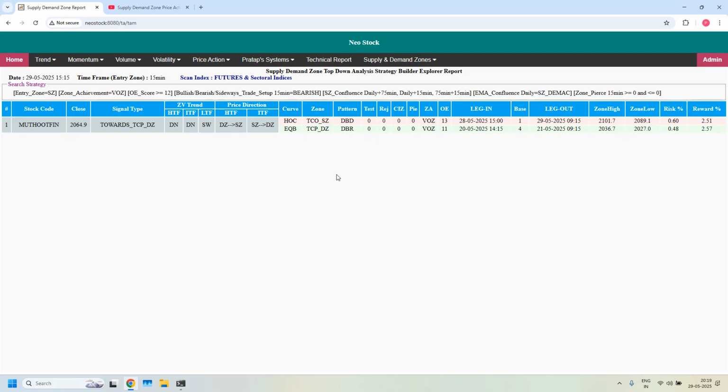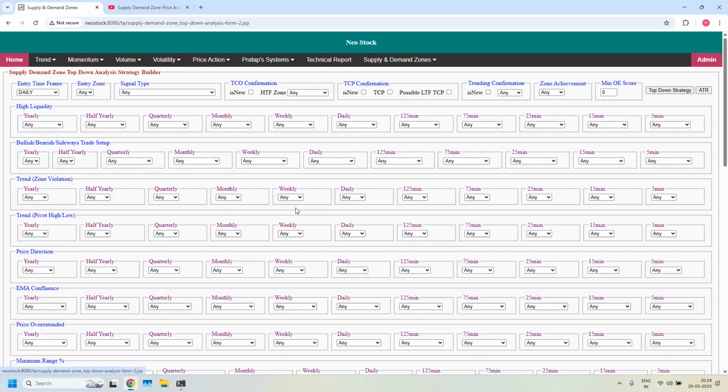Next, we will look into hourly income trade stocks. For hourly income trade, sideways long trade setup, entry time frame should be 5 minutes, entry zone should be demand zone. And bullish or bearish or sideways trade setup at 5 minutes time frame, I am selecting a sideways long trade setup, and zone achievement violated opposing zone.